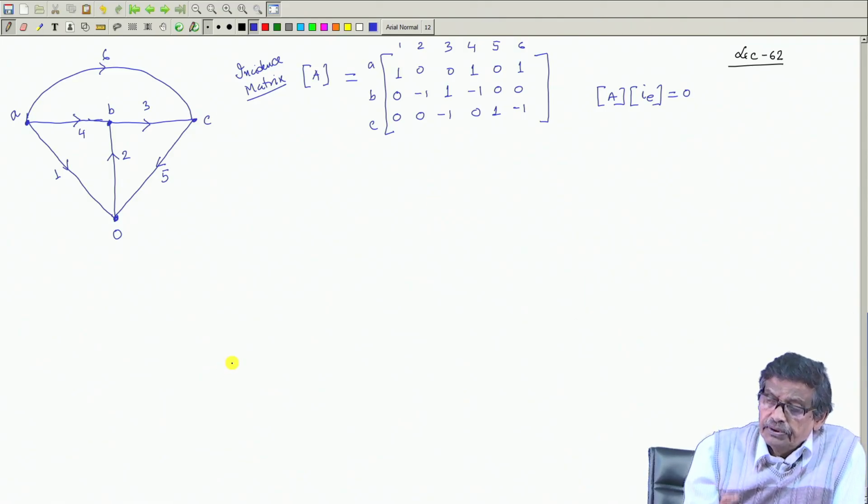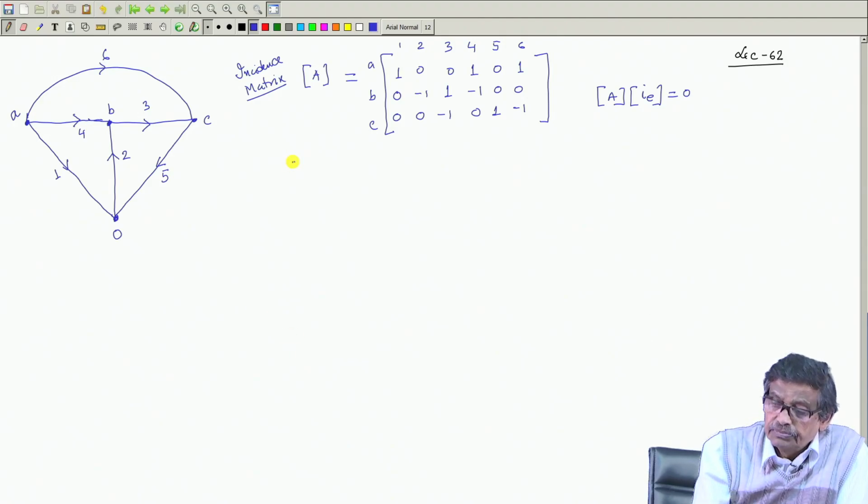Similarly, we tried to express the element voltages in terms of the node voltages.